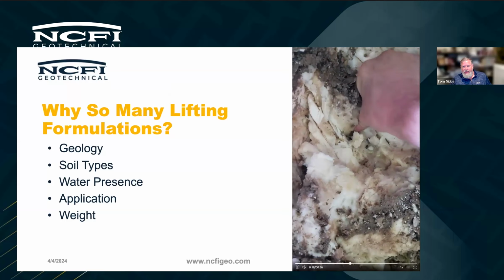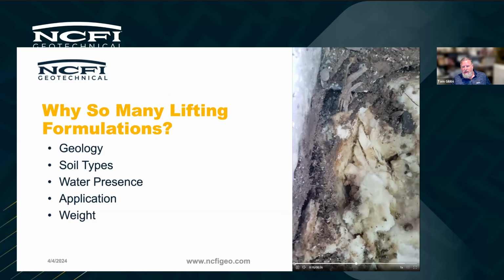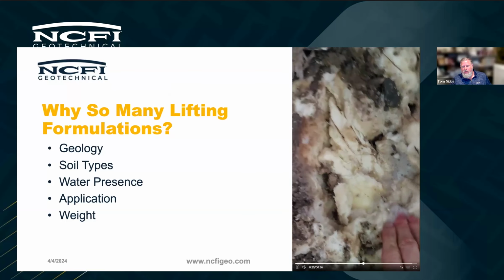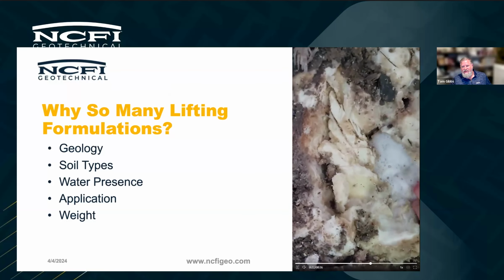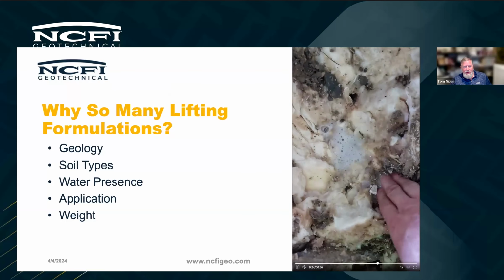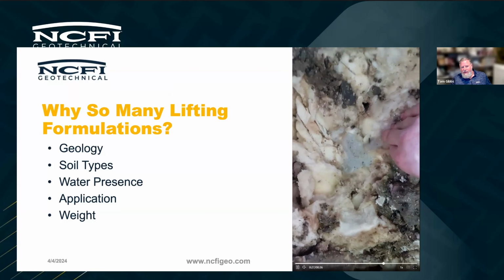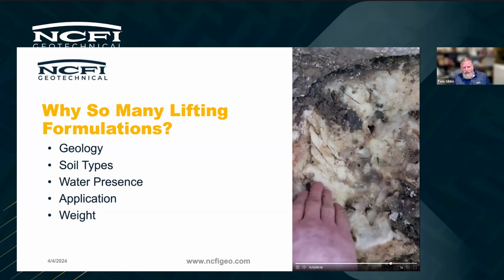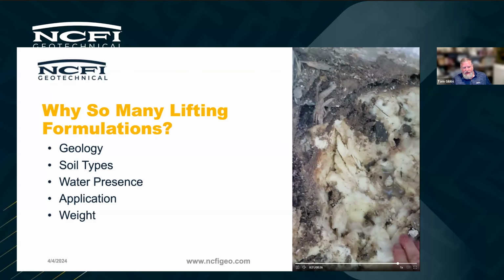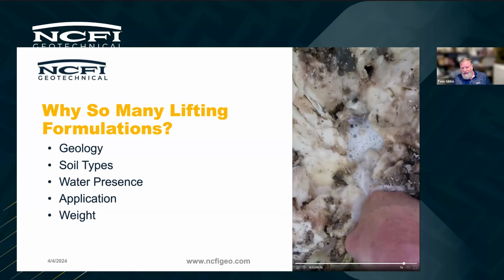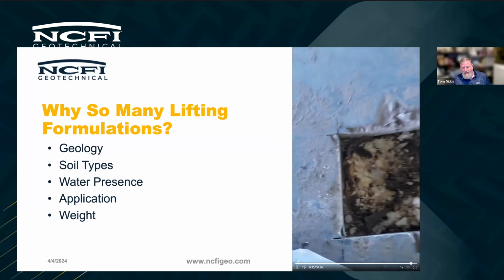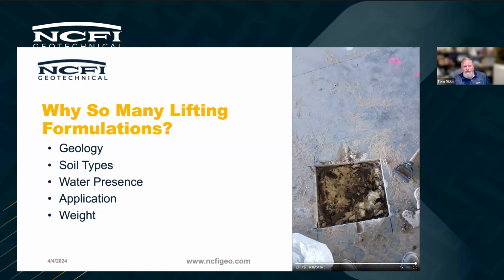Those terms kind of go hand in hand, but essentially hydrophobic foams are going to displace the water instead of absorbing it like what happened here. So we have different geology, presence of water, soil types, different applications, different weights and densities that we need to use for different applications.